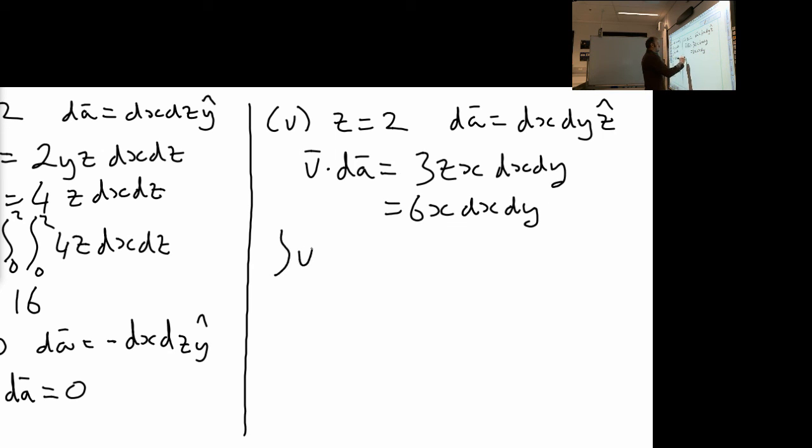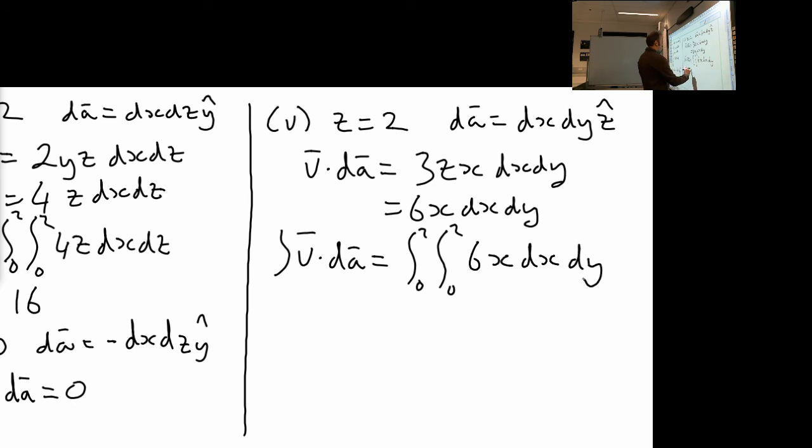So now we integrate this between 0 and 2 for x and y of 6x dx. We'll do it with respect to x first, so we're going to get 6x squared over 2, so we have 3x squared, which is going to give us 12 between 0 and 2, so now we've got 12 dy. Integrating this with respect to y, we get 12y, so the answer we get is 24.